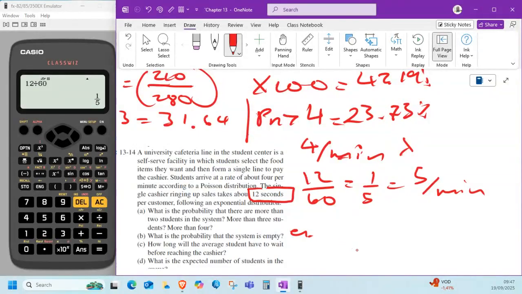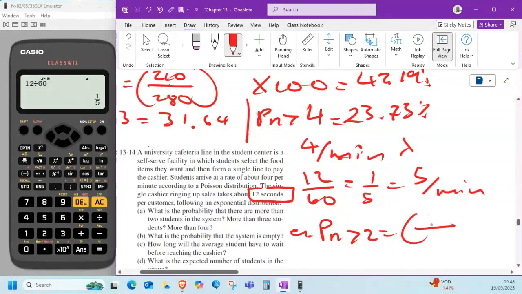Then what is the probability that there are more than 2 students in the system? You see that we start there.